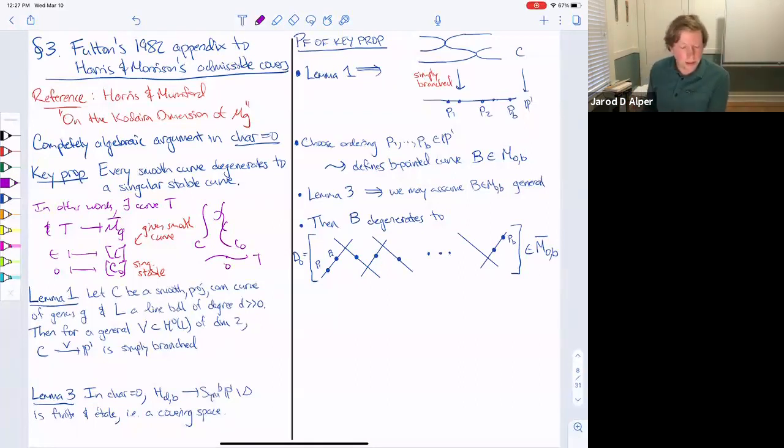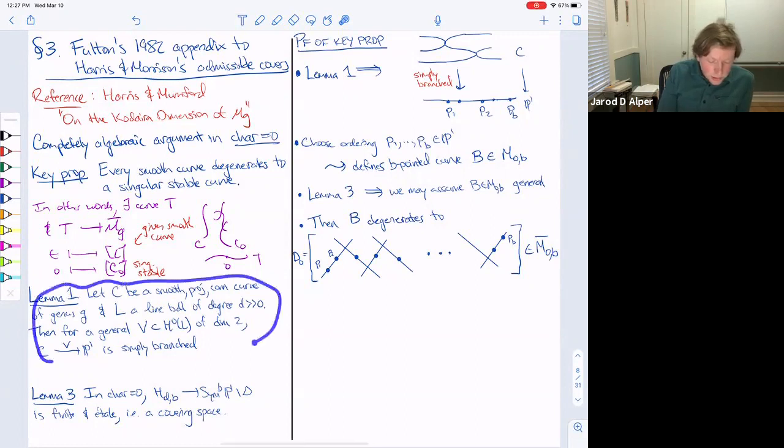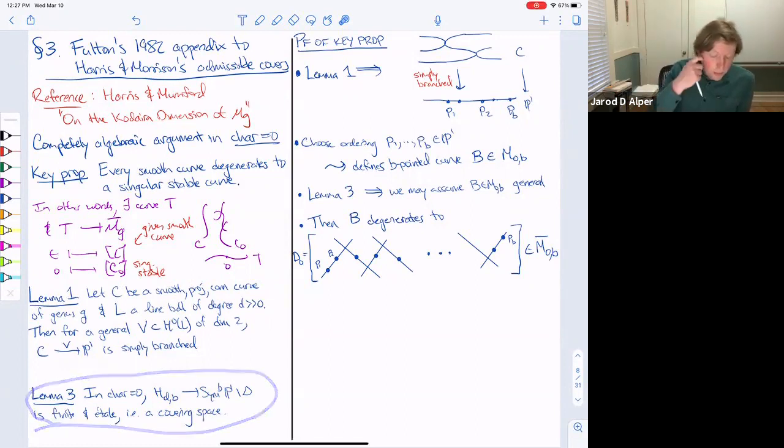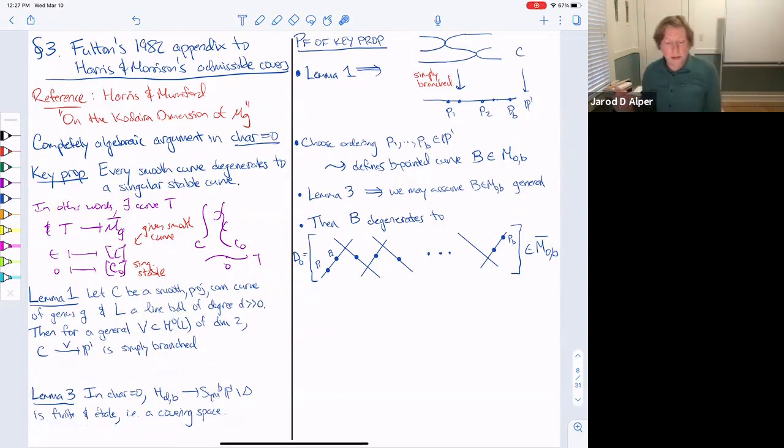That's our first goal, and then we'll use the boundary in a fundamental way to get at the irreducibility of M_g bar. And so we're going to use the theory of branched covers, namely these first two lemmas. The first lemma was just that there exist simply branched coverings for a given smooth curve C. And the third was that they can be deformed. So on the right-hand side, I'm sketching the proof of this key proposition.